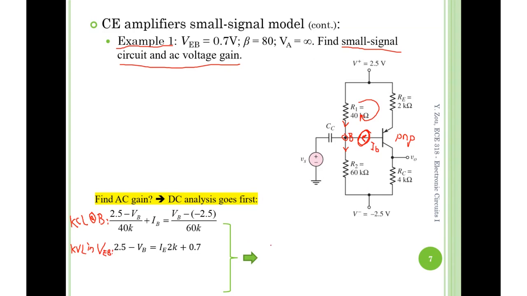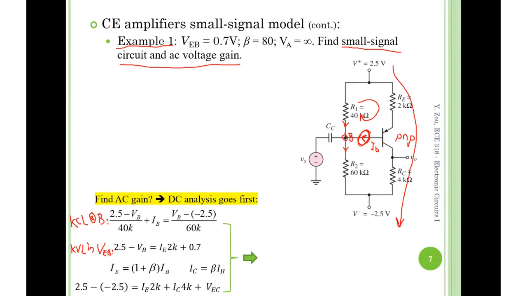What else we need? Because now we have VB, IB, IE, 3 unknowns, 2 equations. Path KVL, we can find it from top to bottom. Yes, we need path KVL. But never forget the basic current relations. We definitely are going to need them.